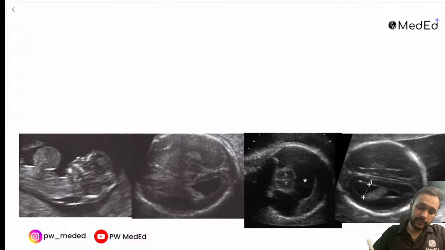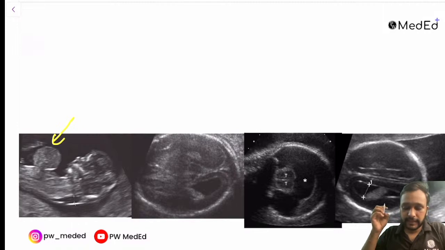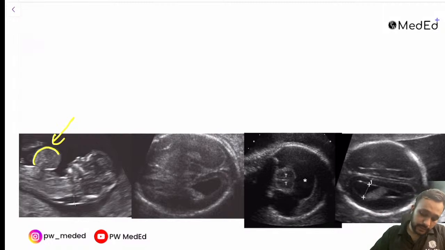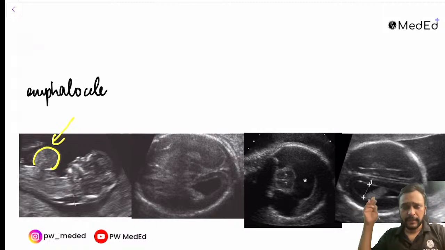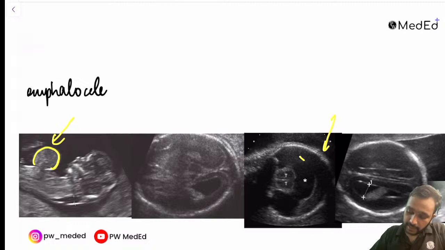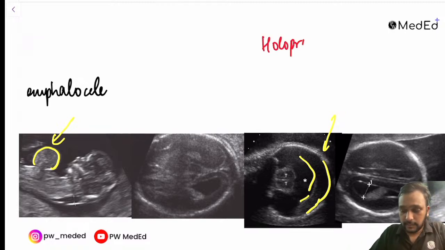In the first image, guys, we can see that there is herniation of the abdominal contents through a defect in the abdominal wall, and these are surrounded by a membrane. So this is a case of omphalocoele. In gastroschisis, the contents will not be bounded by any membrane. In the third image, we can see that there is fusion of the cerebral hemispheres.